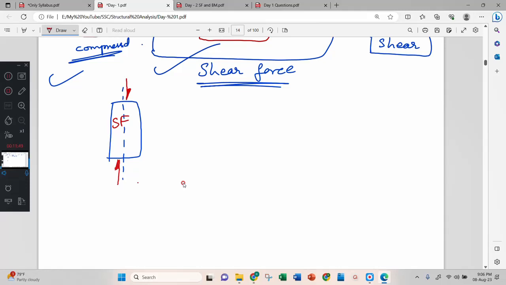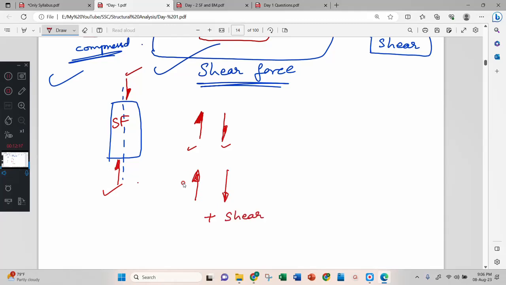Now that arrow I will put here and another arrow I will put here. In some textbooks they will write it like this: one arrow here, one arrow here. If this is the case, the combined effect is called a positive shear.